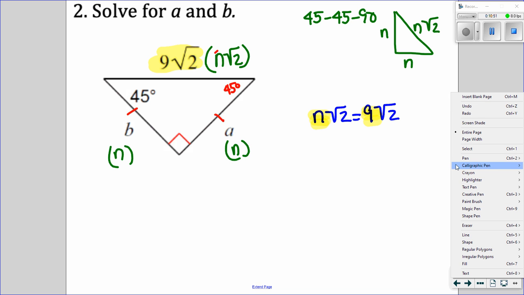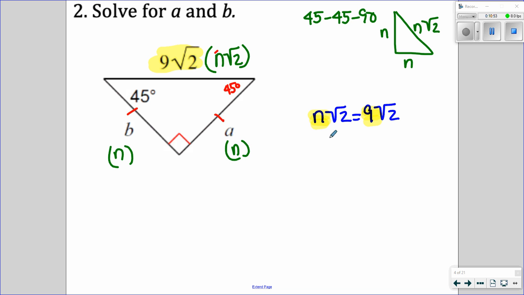So let me get blue. That means my n is equal to 9. So if that is true based on what is given for the hypotenuse, then my sides, which are n, will also be 9. So this is 9 and this is 9. So then I found A, which equals B, which gives me 9.